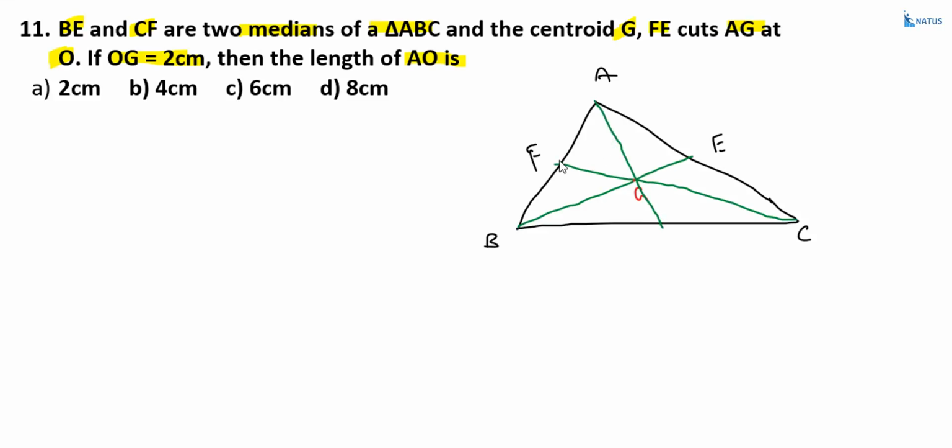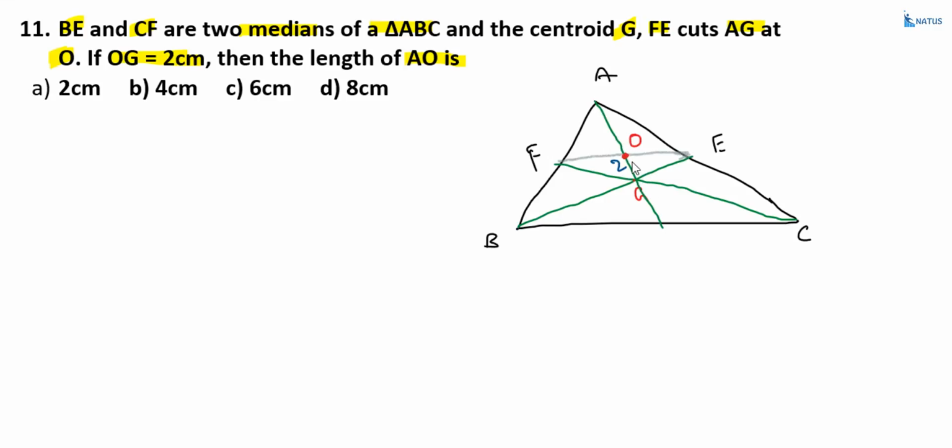So now I will draw one line which is FE, and FE cuts AZ at this point, and this is O. OG is equal to 2 centimeters. What we required is AO.